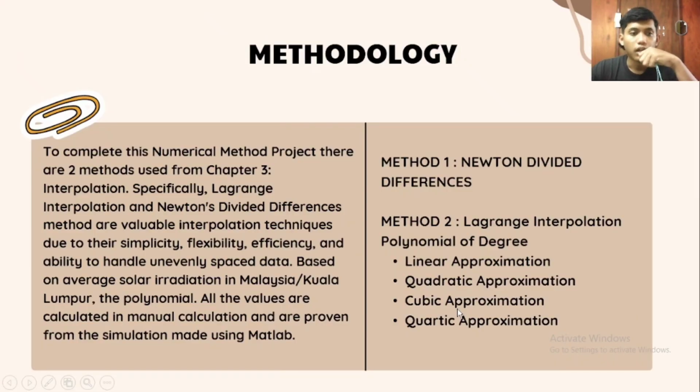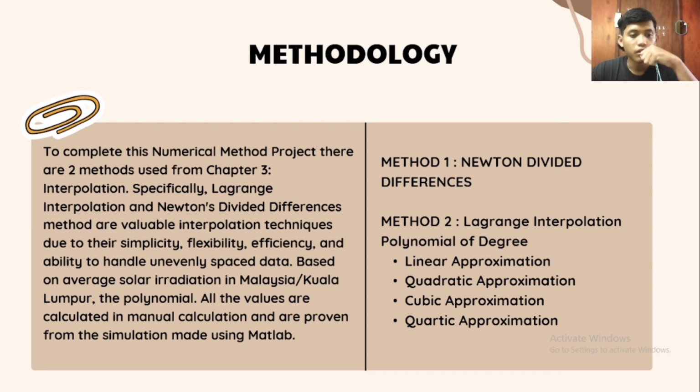Okay, the methodology is to complete the numerical method project. There are two methods used from chapter 3, especially Lagrange interpolation and Newton divided difference method. Valuable interpolation technique due to simplicity, flexibility, efficiency, and ability to handle unevenly spaced data.